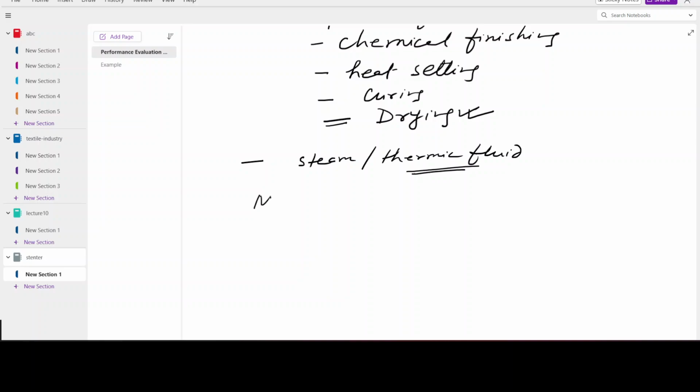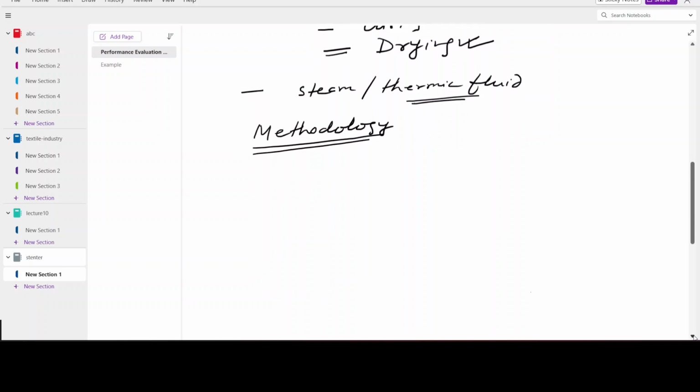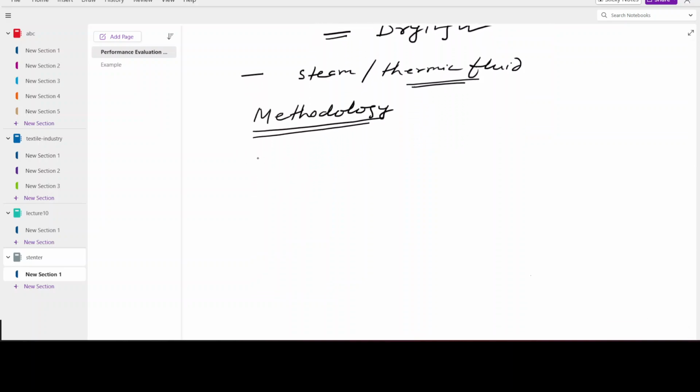Now we are going to discuss methodology, how we are going to evaluate the performance of Stenter or dryer. For this we will estimate efficiency of Stenter oblique dryer.